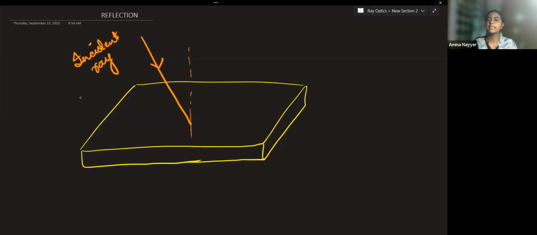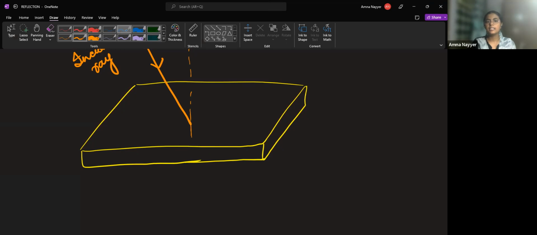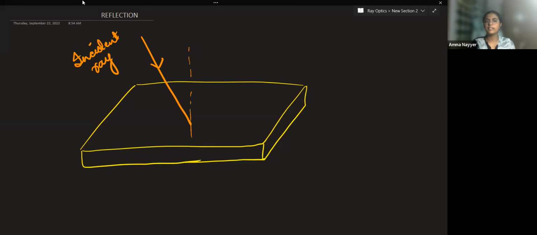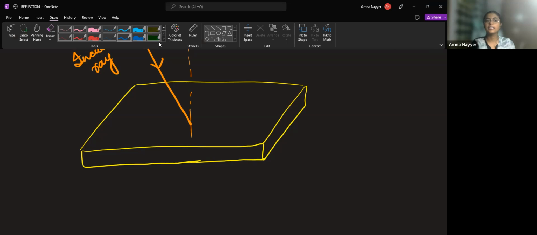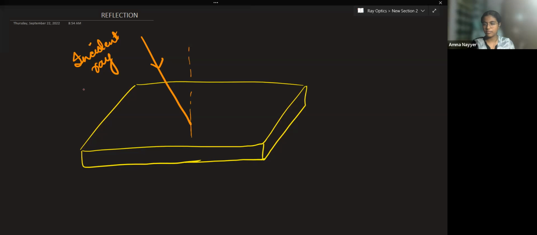Now, what all things are possible? The first possibility is that this ray of light can reflect itself. Reflection is just the bouncing back of light. So as the incident ray strikes this surface, it will get reflected back, means bounced back.